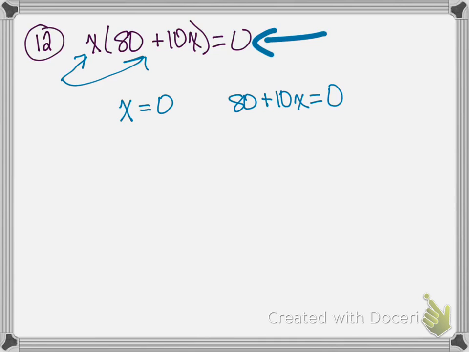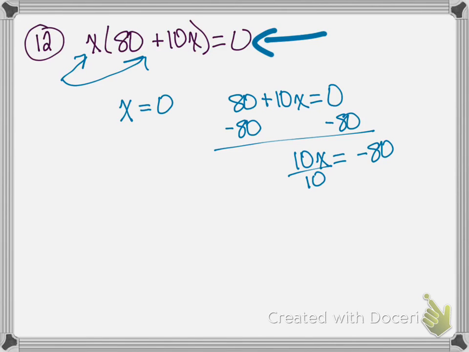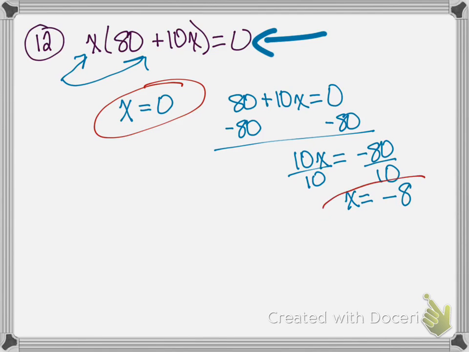So all we got to do is set each factor equal to 0. X equals 0, we're already done. Here, I'm going to subtract 80 from both sides. I get 10x equals negative 80. Divide both sides by 10, and I get x equals negative 8. So my answer to this is x equals 0 and x equals negative 8 are my two answers.